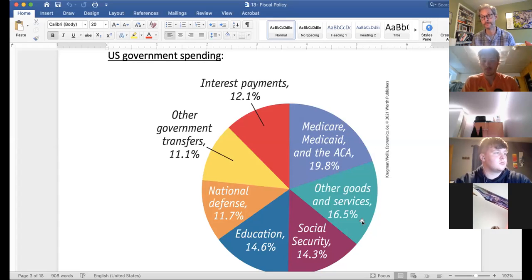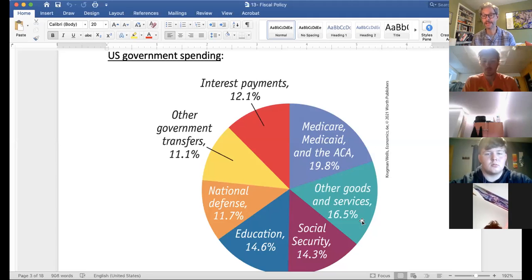This is basically government spending on health insurance, which is about 20% of the US budget and growing very rapidly, as we're going to talk about. There's other goods and services. There's Social Security. There's education spending. There's national defense spending. There's other government transfers, which would include things like unemployment benefits and food stamps.